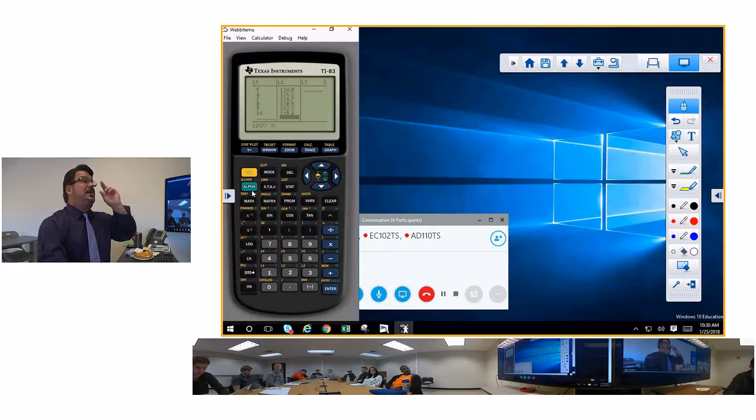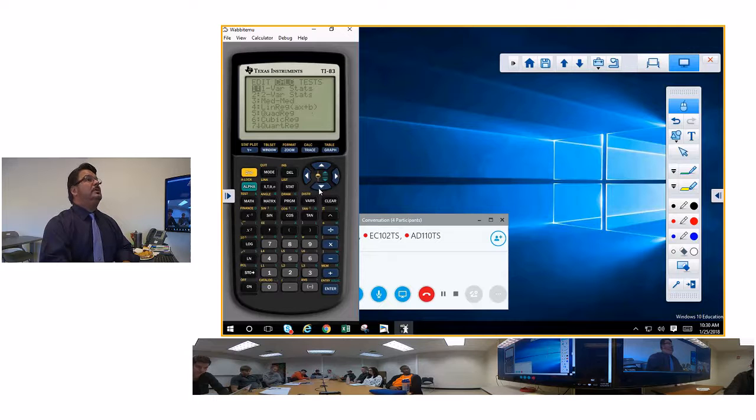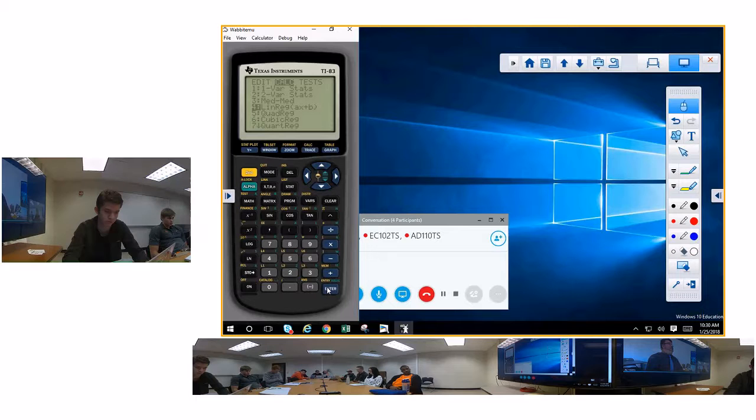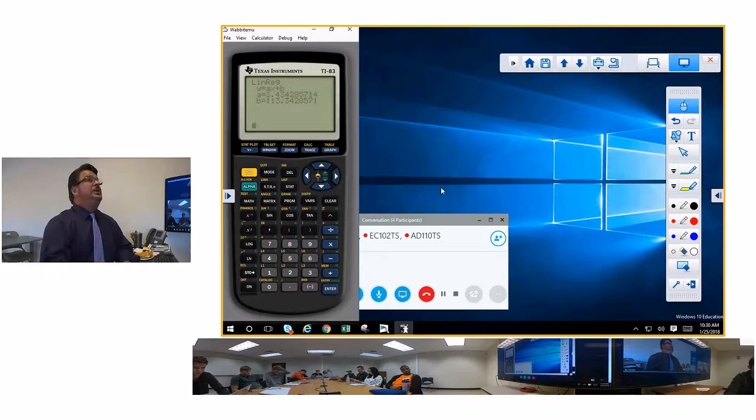And then just go to stat, calculate, and go to linear regression right here, and hit enter. There it is. Your slope is 3.44 and your y-intercept is 1.13. And if you want to graph it, you're going to have to go to stat plot, which is second y equals.